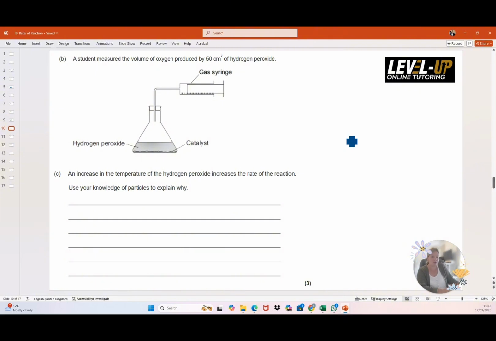What's going on? So we can say, first of all, the particles have more energy, or that they move faster, whatever works for you. Okay, so because they've got more energy, particles collide more often.